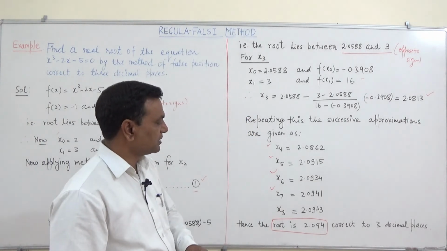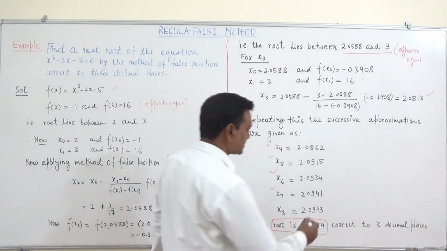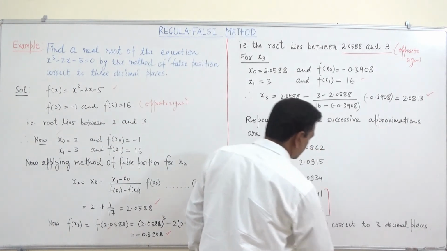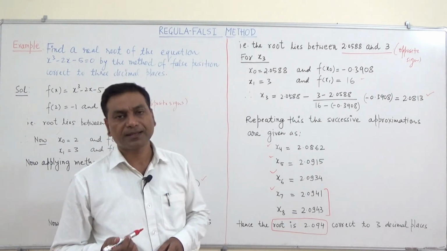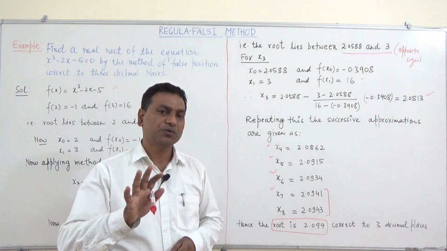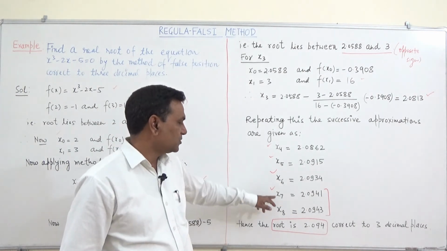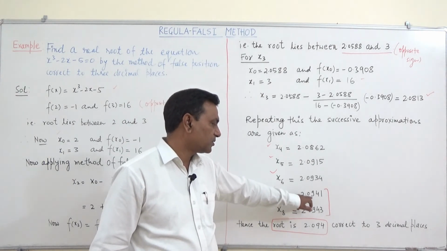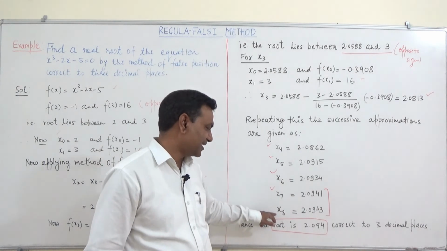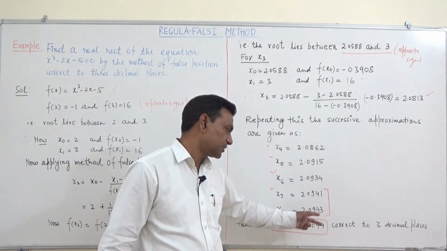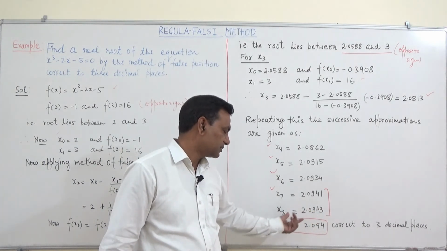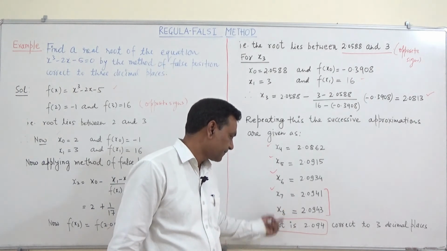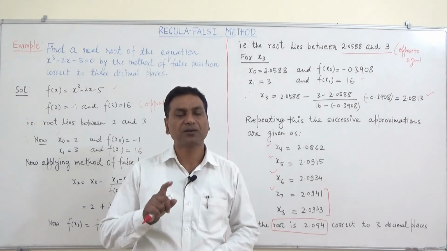We can see that x7 and x8 are almost the same, because we have to check the values up to 3 decimal places: x7 is 2.0941 and x8 is 2.0943. Up to 3 decimal places these are the same, so the final root will be 2.094.